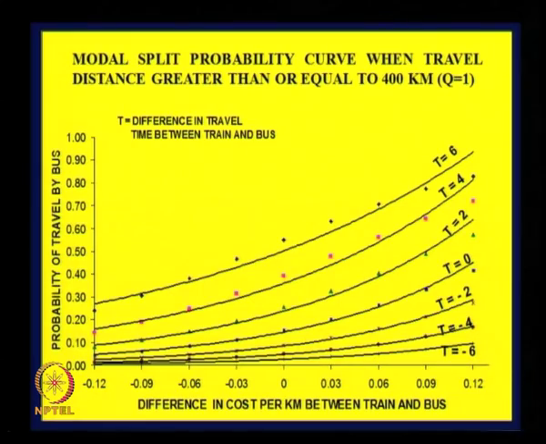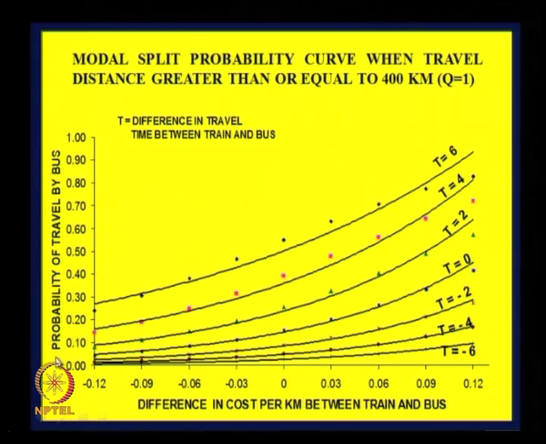For the purpose, this kind of plots are made; it is nothing difficult. What we have done is we have taken the difference in cost per kilometer between train and bus, Tt minus Tb, on the x axis.